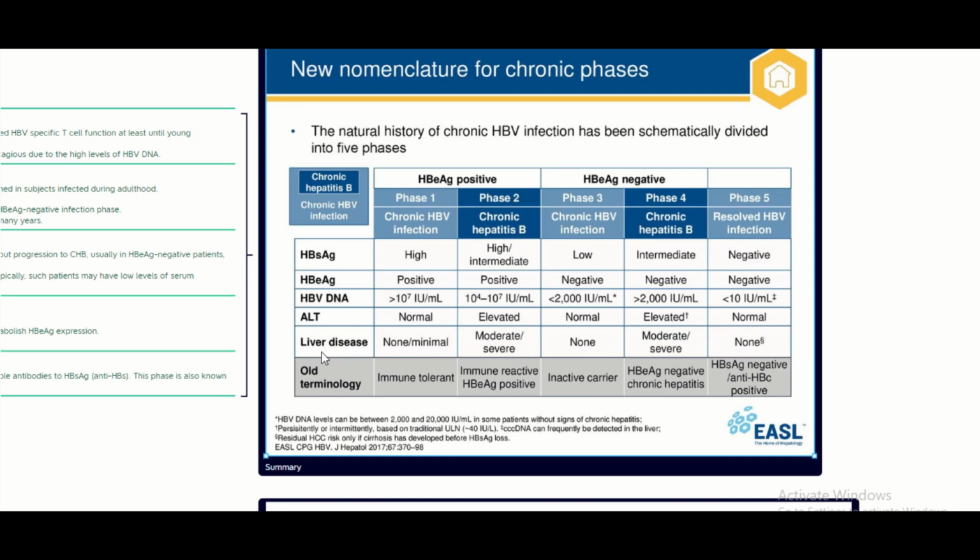Now we will see it again in our table. The things we need to make sure about are the HBs antigen, HBe antigen, HBV DNA, ALTs, and the liver inflammation. As we can see in these new tables, we don't have liver biopsy anymore because liver disease can now be detected using ultrasound.